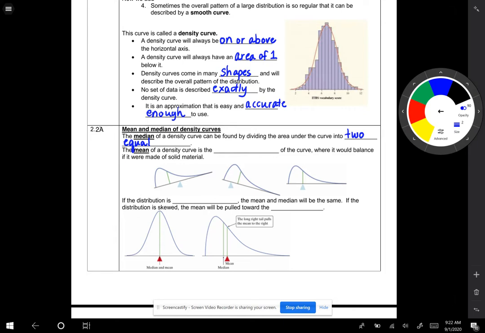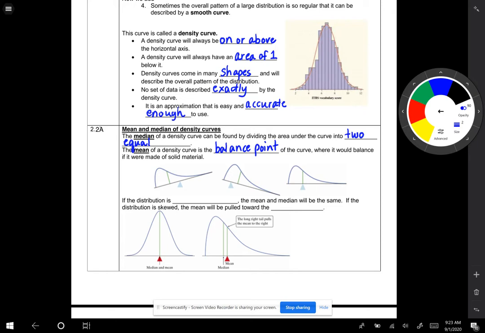The mean of a density curve is the balance point of the curve where it would balance if it were made of solid material. So if you look at the diagrams below, the last picture shows the mean as the balance point, and the other two show the mean not as the balance point if it's placed somewhere else.